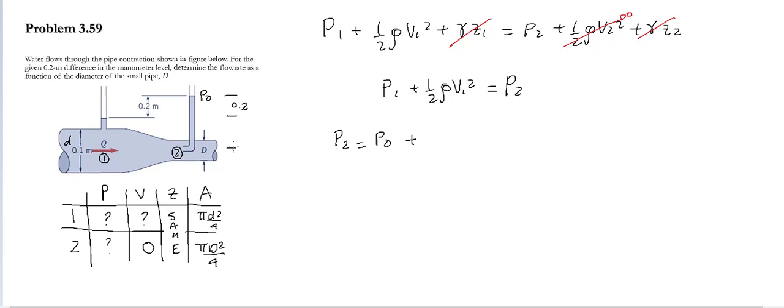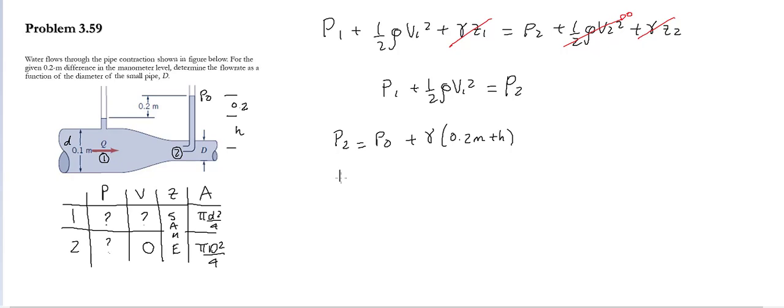We have an elevation over here, and we're going to call it H. So it's going to be gamma of water times 0.2 plus H. So that's the pressure at 2.